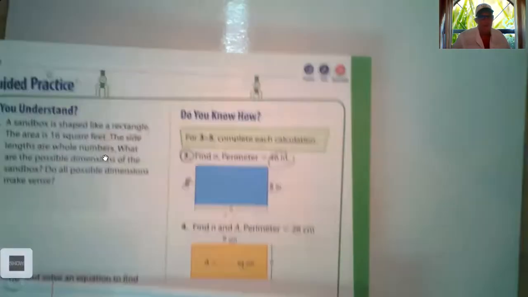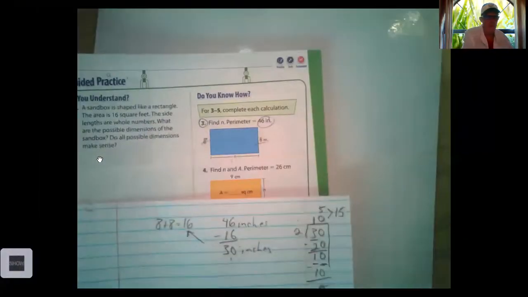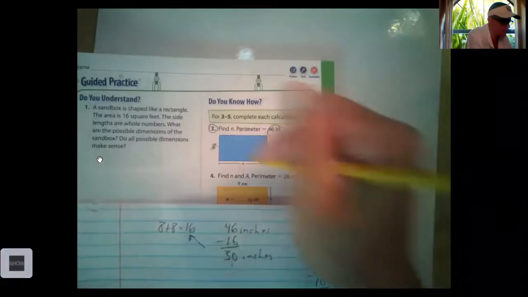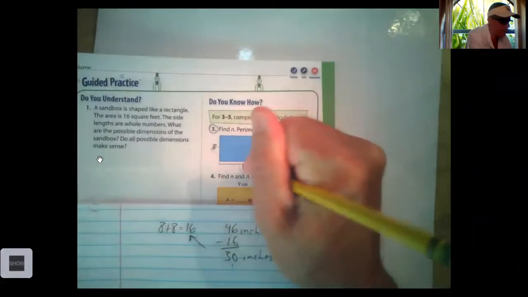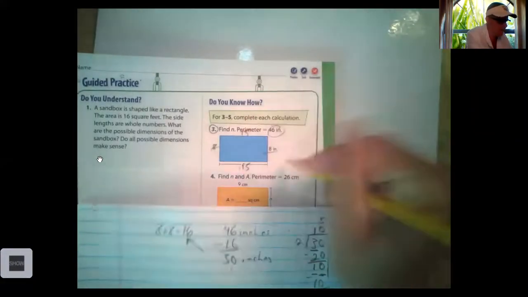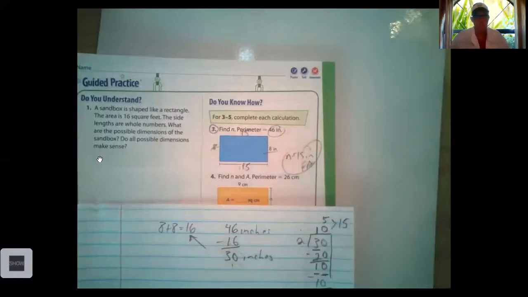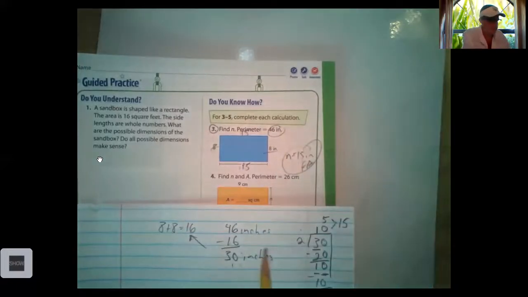Let's take a look at what we just did right here. So I know that this is 15 down here, n equals 15, and that's 15. So n equals 15 inches. Final answer. To sum it up, we knew 8 right here, so we know that this has to be 8. 8 plus 8 was 16.